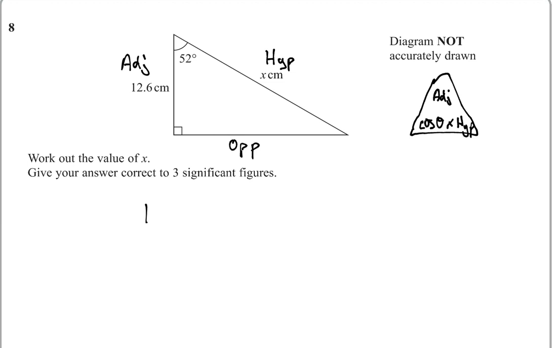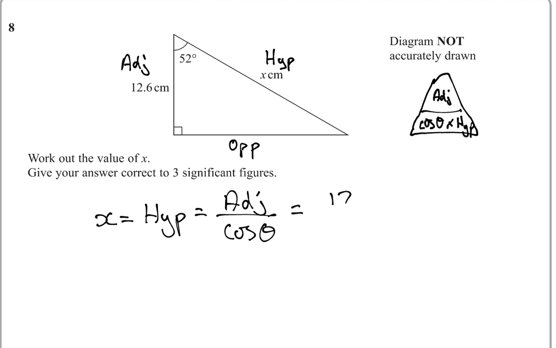So the hypotenuse equals the adjacent over the cos of the angle. Okay, just from this triangle there, I realise that's a little bit black box. You can do the more algebraic way. We can put in the adjacent, which is 12.6, over the cos of the angle.